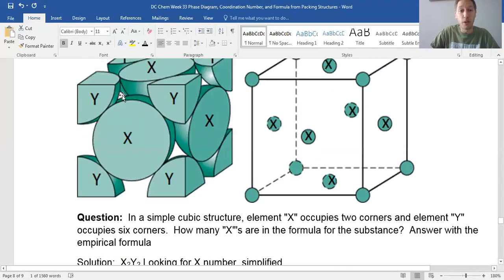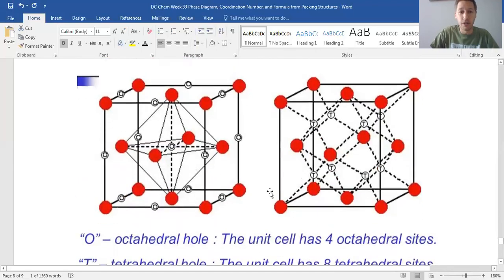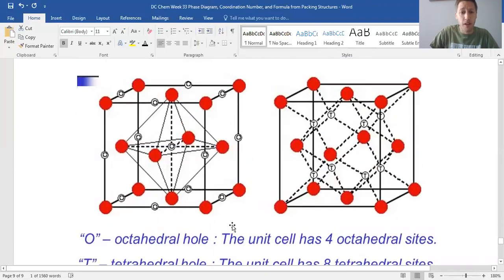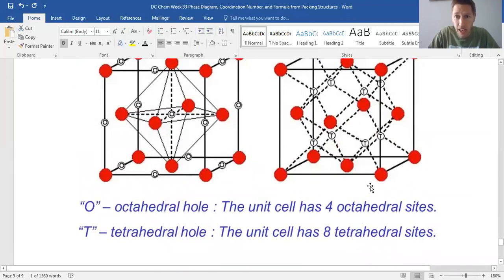Basically, we're going to classify some of these holes as different types of holes. I have a picture down here that shows that too. Inside of a face center cubic, think about the red atoms as the negatives. They're the anions. They take up a lot of space. There are little vacancies here. Some of these are called octahedral. The octahedral holes are denoted by the O, and the tetrahedral holes are denoted by the T's.